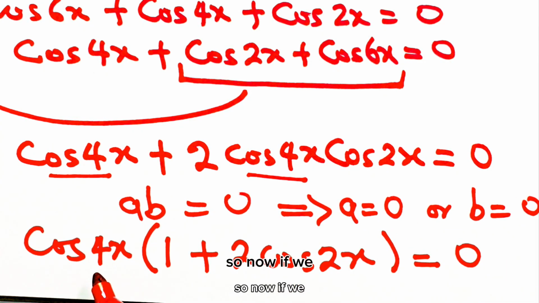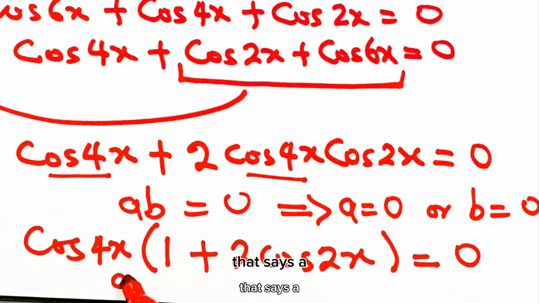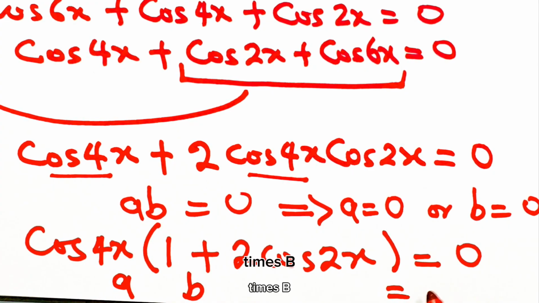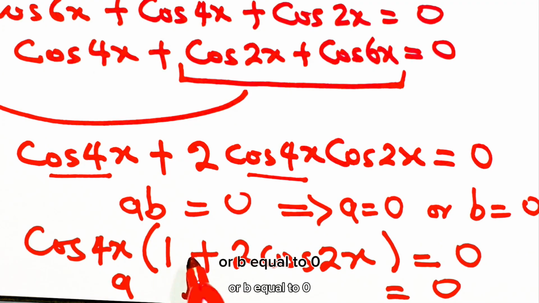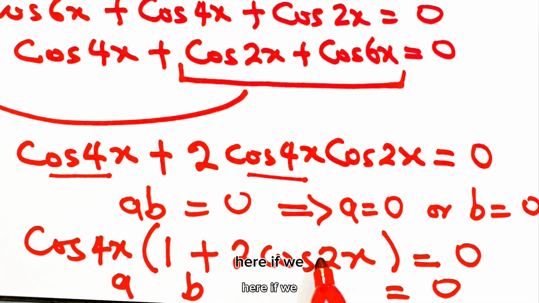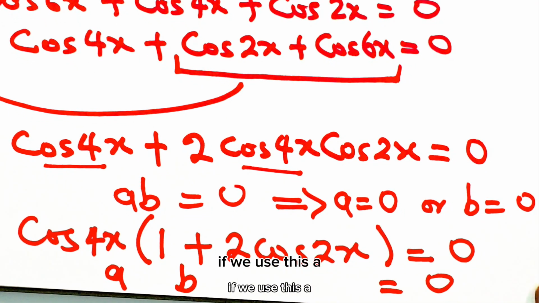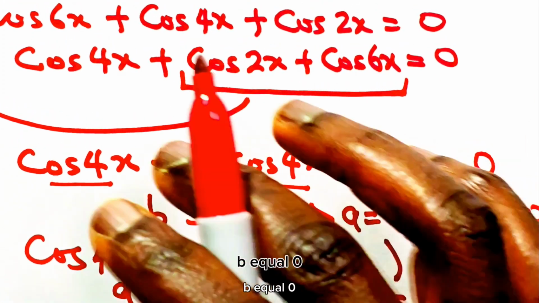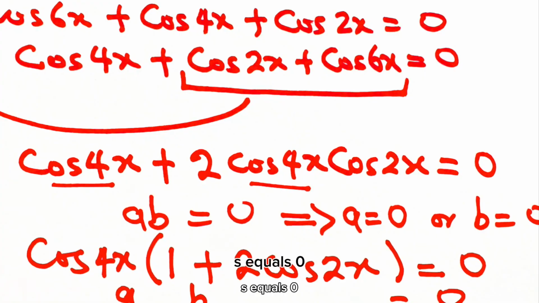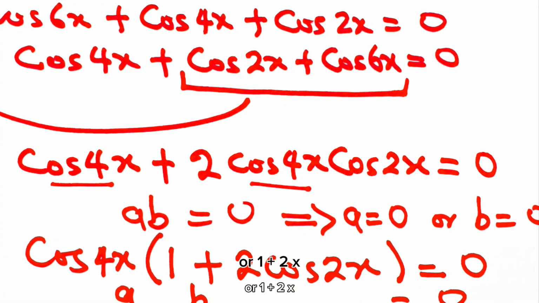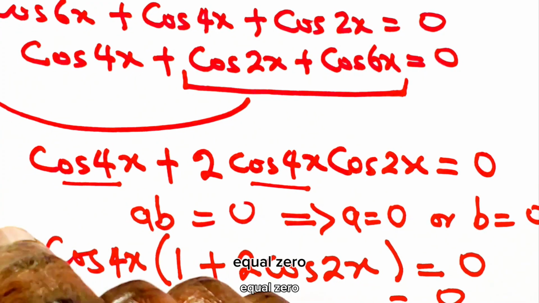So the same thing here, if we use this a times b equal 0, that means that either cos 4x equals 0 or 1 plus 2 cos 2x equals 0. So we're going to use that after we have factorized the expression in the equation. Permit me to open this.